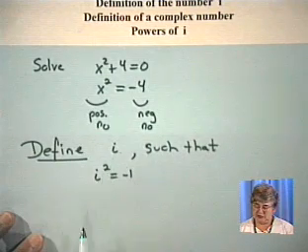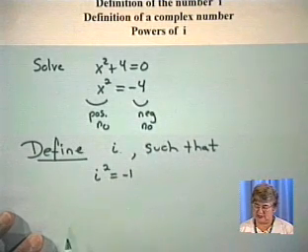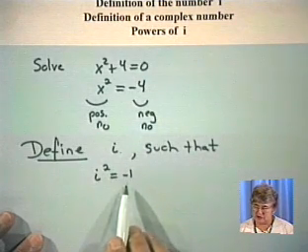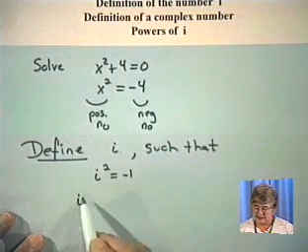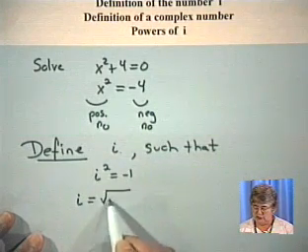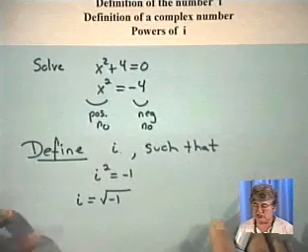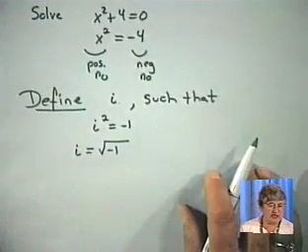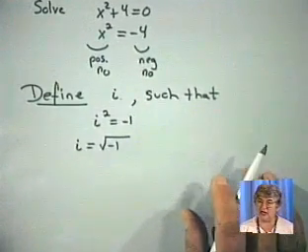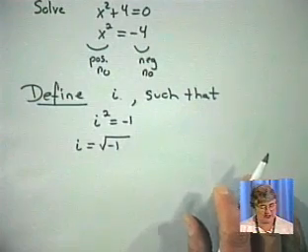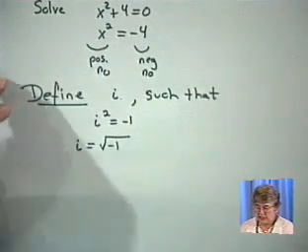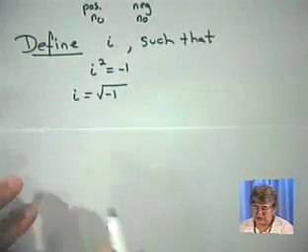It's not a real number. We're going outside of the real numbers. Well, by doing this definition, what we're also saying is that this number i is going to be the square root of negative 1, which, as we saw before with real numbers, we cannot take the square root of negative numbers. All right, so i is called the imaginary unit.